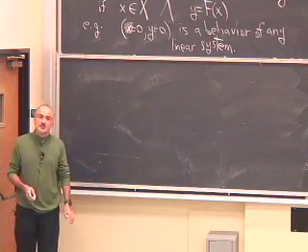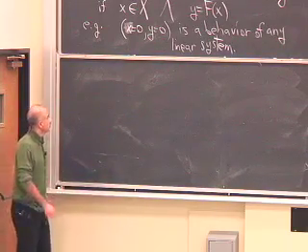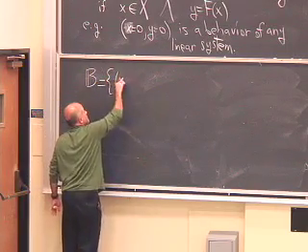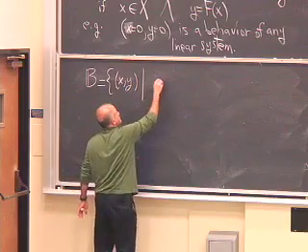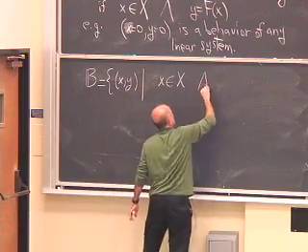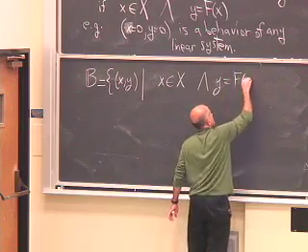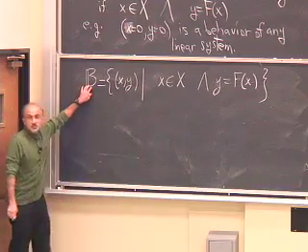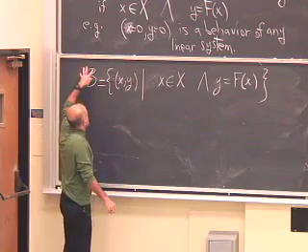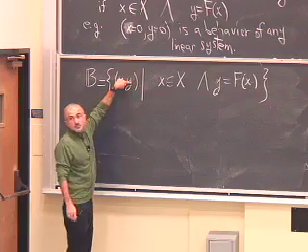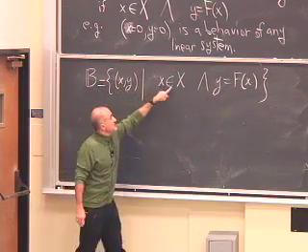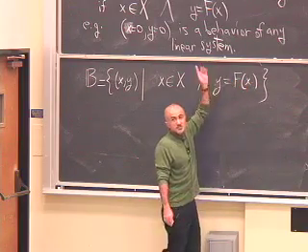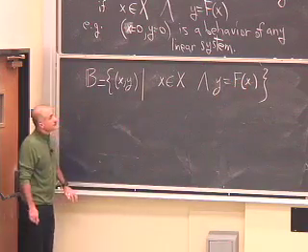Now, most systems don't have just a single input and a single output. Most systems have a whole set of these behaviors. And we can represent that with this script B. The set of all behaviors is the set of all ordered pairs x, y, where x is in the input signal space and y is a function of x. And this, of course, has to be in capital Y. Okay?